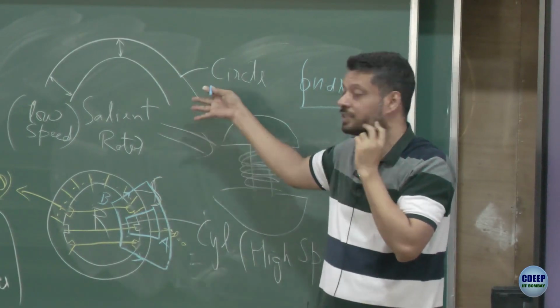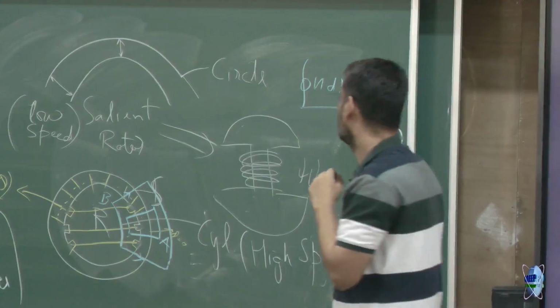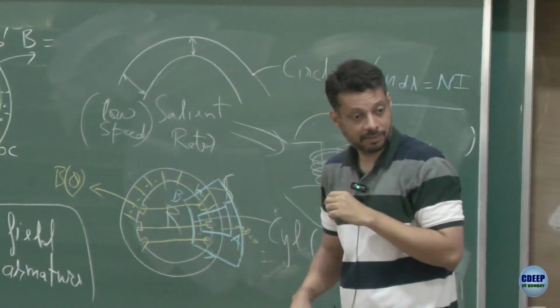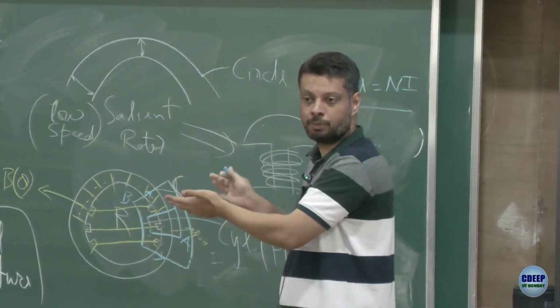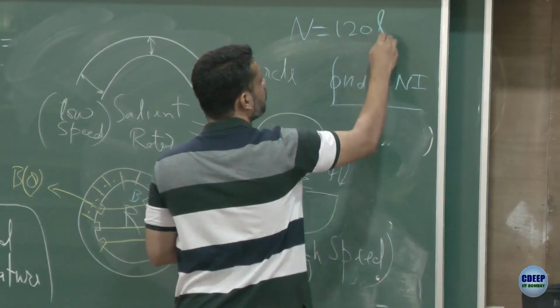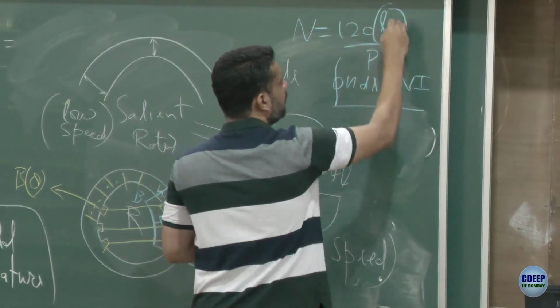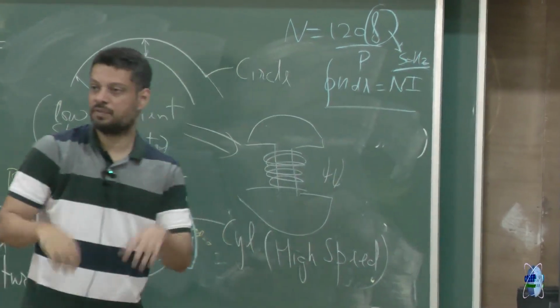So what is the advantage of a salient rotor? You can get a perfect sinusoid, you don't have to have so many slots. Frequency you want is 50 Hertz, right? F is fixed.